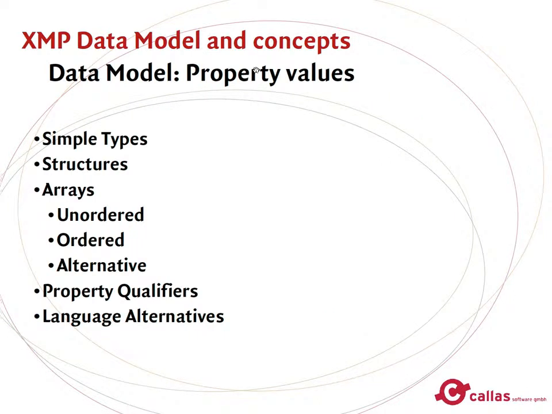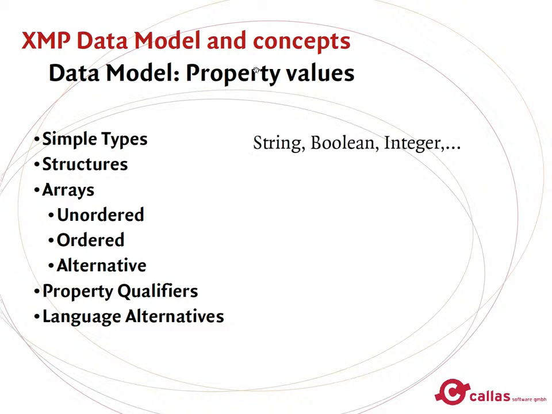Okay, so I've talked about property names and property values. And the property values have to have a data type. In XMP there are several predefined value types. We have seen simple types so far, but there are also structures, arrays, property qualifiers, and language alternatives.